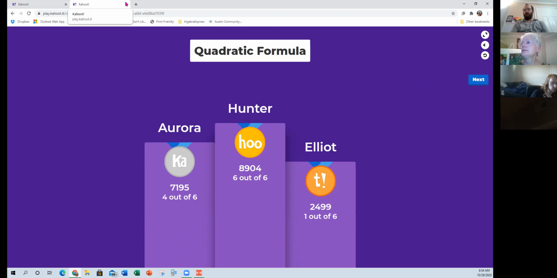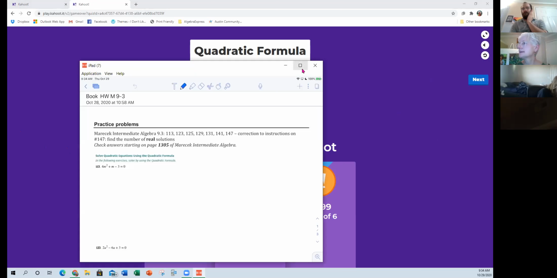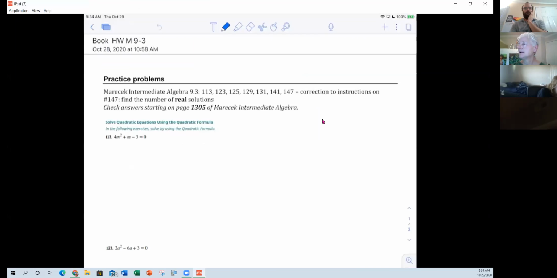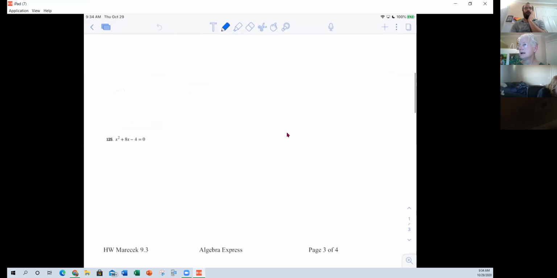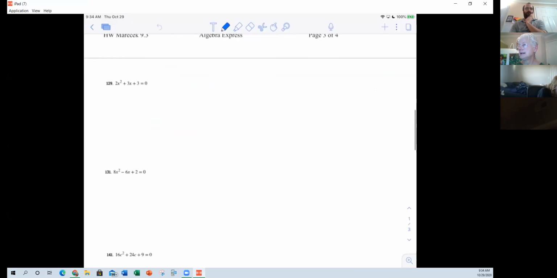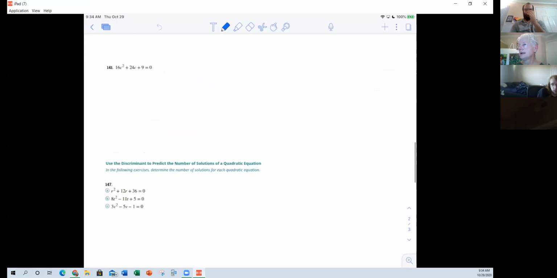Okay, so we are going to now be working on these problems. And basically, if you look at these, it is just identifying A, B, and C and plugging into the formula.